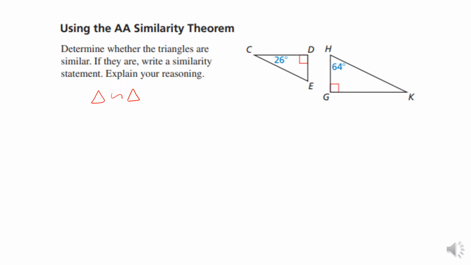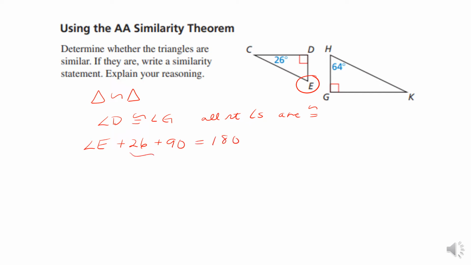So the first thing I can say is that angle D is congruent to angle G because all right angles are congruent. Then we're going to use the triangle sum theorem to find my missing angle E: E plus 26 plus 90 equals 180.